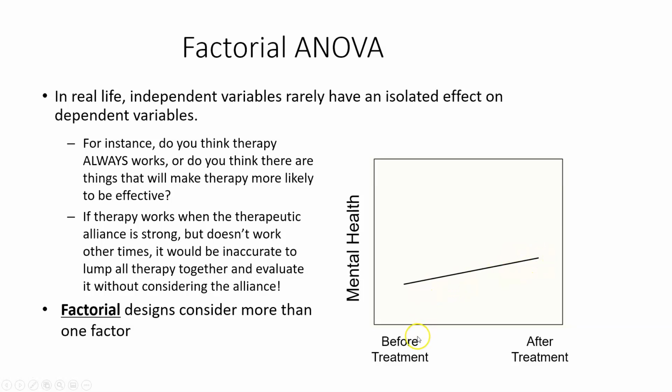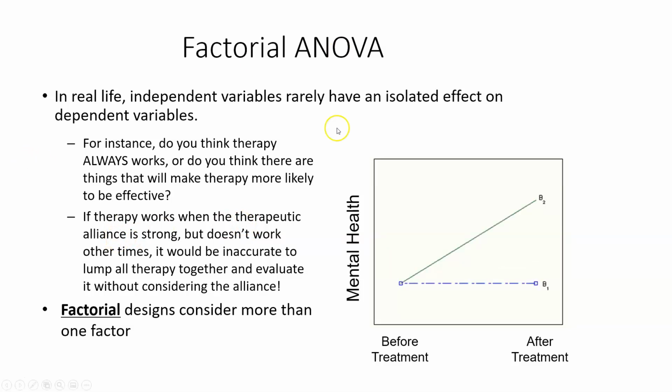But this is only one independent variable, before and after treatment. One factor. If we use a factorial design, we could look at both before and after treatment, as well as the therapeutic alliance in the same research scenario.